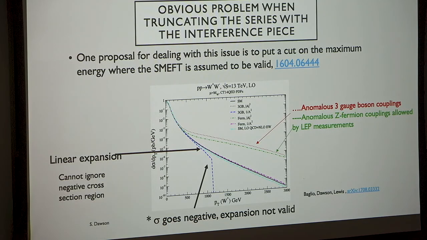This is an open area of active debate in SMEFT fits. Is this versus this? Yes? On the plot, it seems like it goes very small, but not negative. The question is, is this really negative?